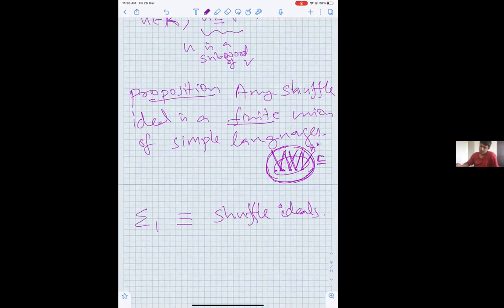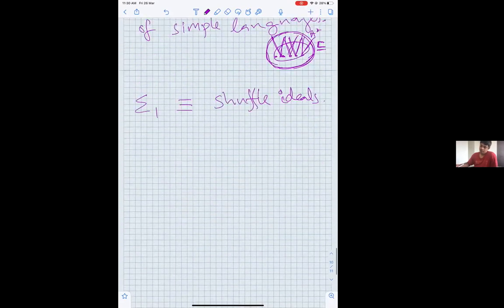It need not be a priori regular, but we are assuming that I have a shuffle ideal which is regular, because I know for a fact that all languages accepted by Sigma 1 formulas are regular.